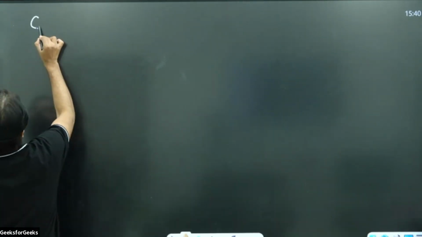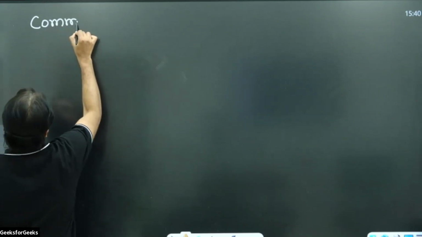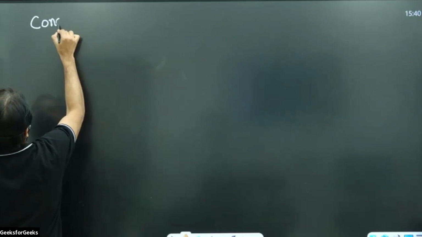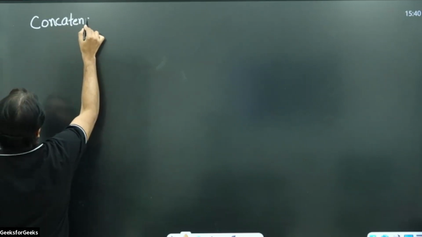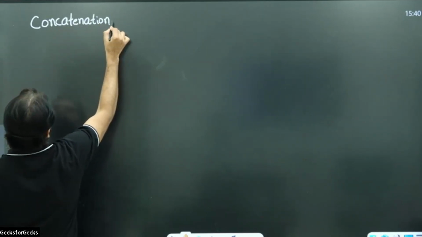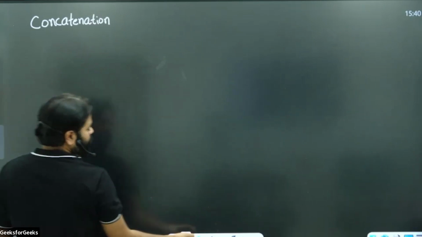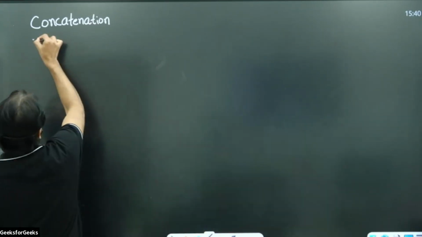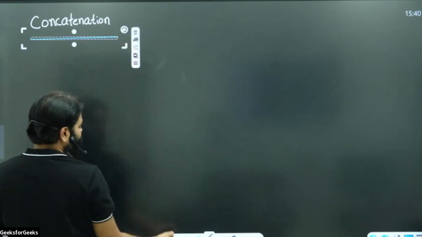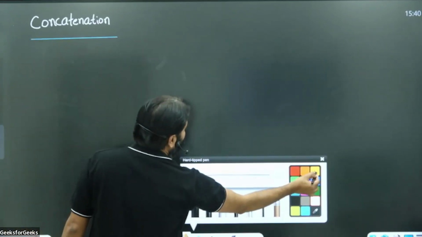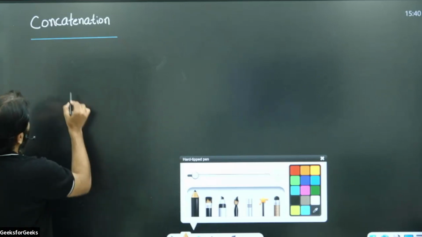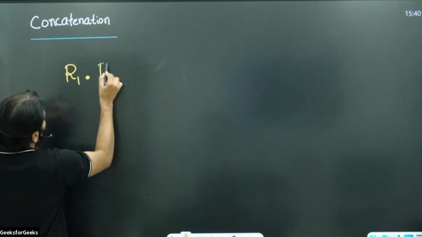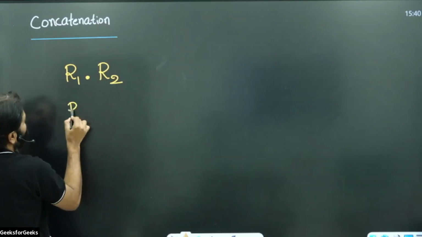Take the next one, concatenation. How do you represent this concatenation operator? You may use R1 dot R2, or you can use it without a dot.